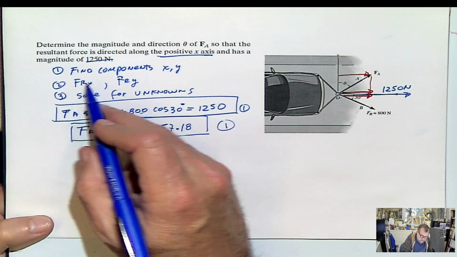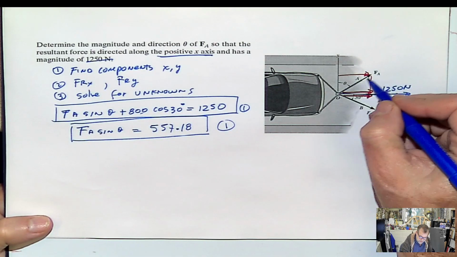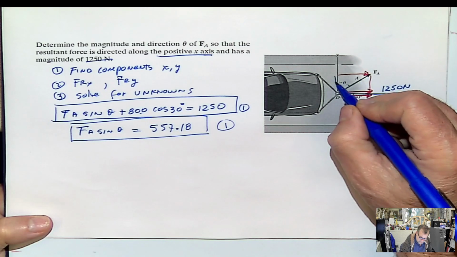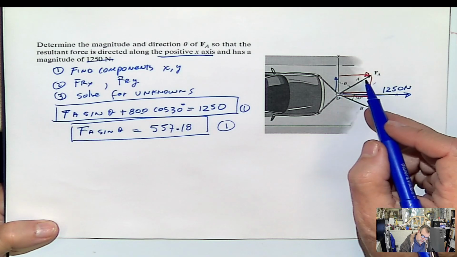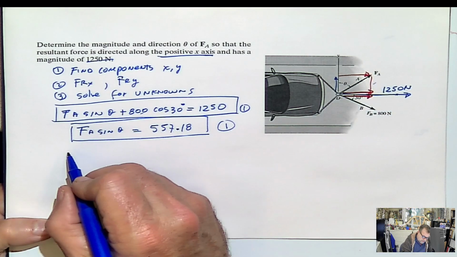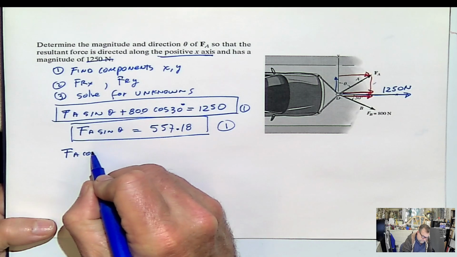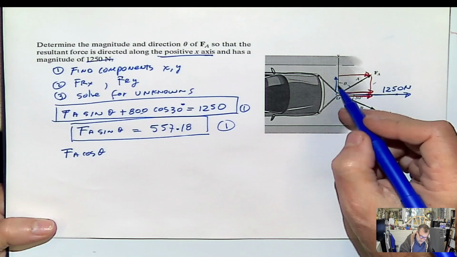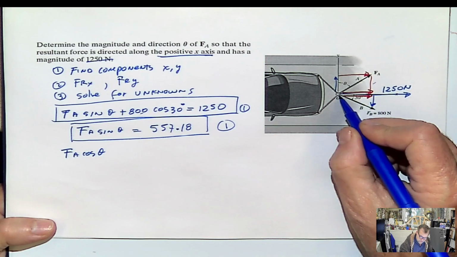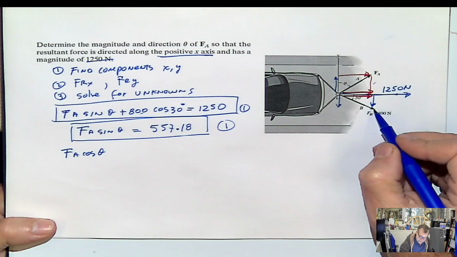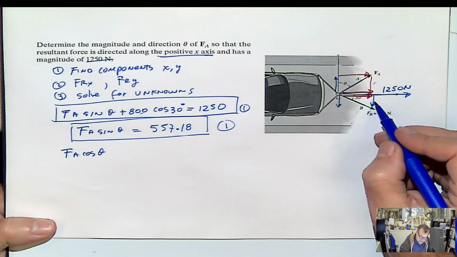Now for the equation in the y direction, for this force FA, the component will be this one. And what is that component? That component is FA cosine of the angle. And for this other one, that will be the component, which is this one, same component, and it's 800 sine of 30.